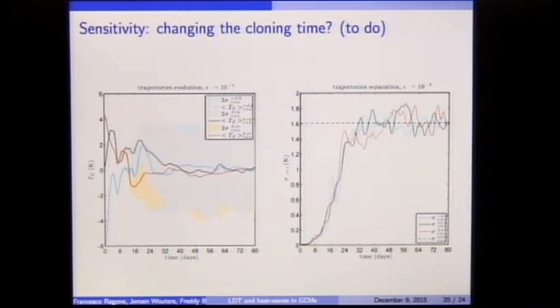You see that eventually they relax on the average, the ensemble average, and this is the ensemble variability. If you look at how the standard deviation among the members of the ensemble evolves with time, the trajectories separate exponentially at the beginning.